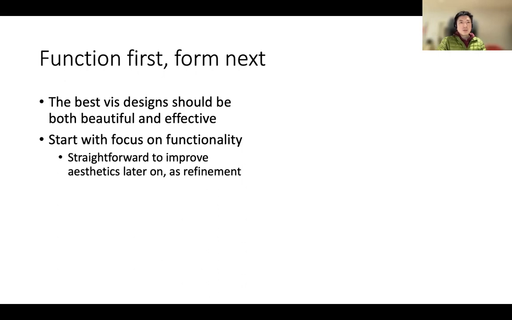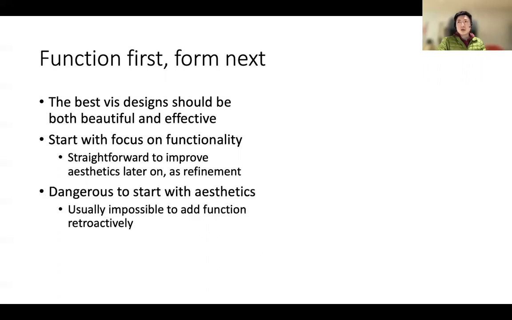One of the arguments is that if it is effective, it's easier to improve the design later on as refinement. But if you start with how good looking it is, it's quite difficult to change the design later on to make it effective.